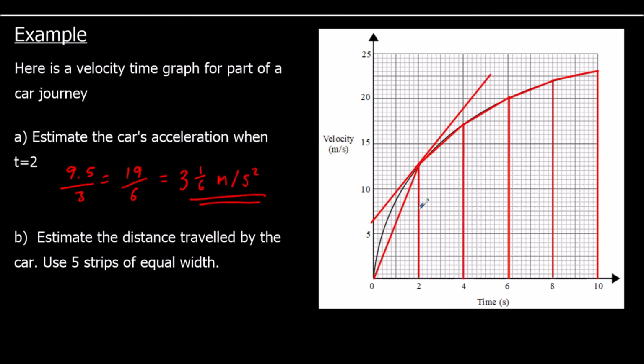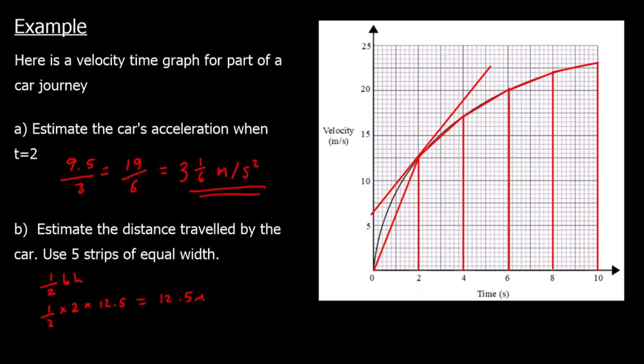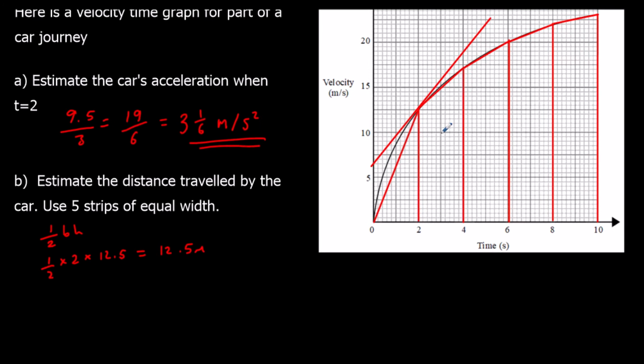So for the triangle, the area of a triangle is half times the base times the height. So that's half times 2 times 12.5. Half of 2 is 1, so that's 12.5. For a trapezium, we're going to do half the sum of the parallel sides.